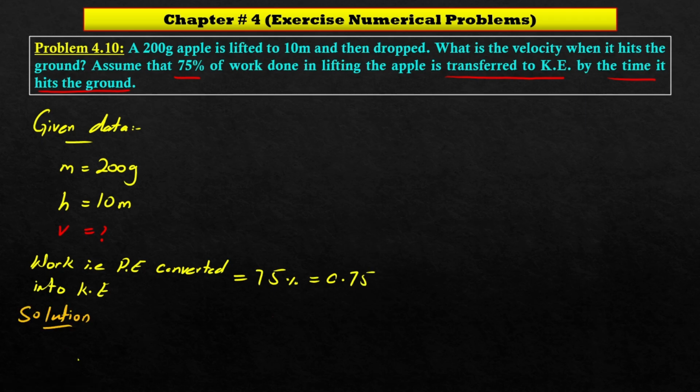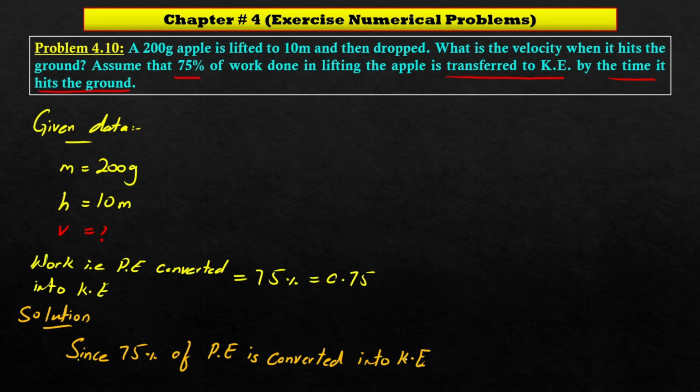Solution: 75% of potential energy is converted into kinetic energy at the time it hits the ground.